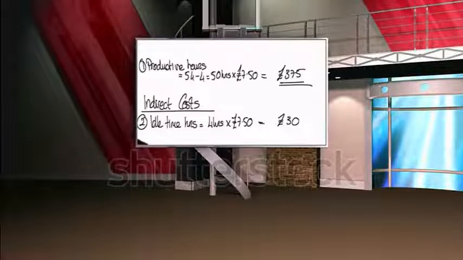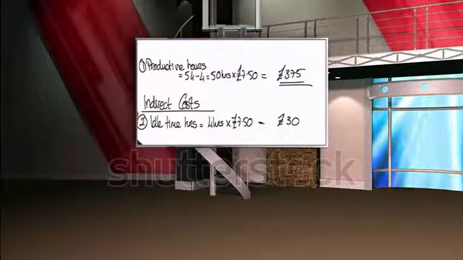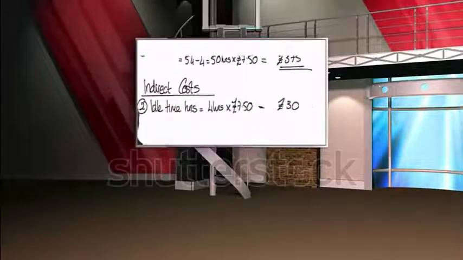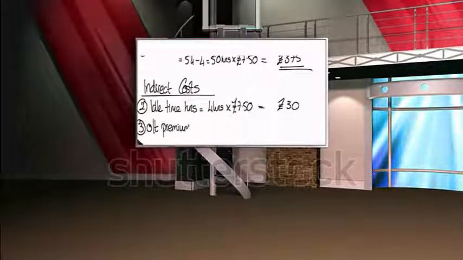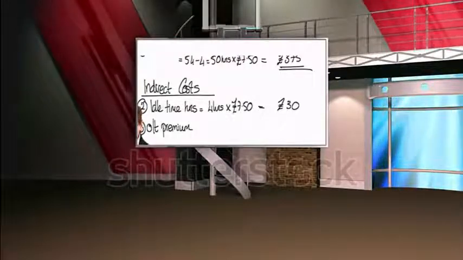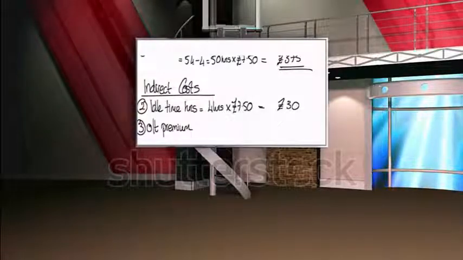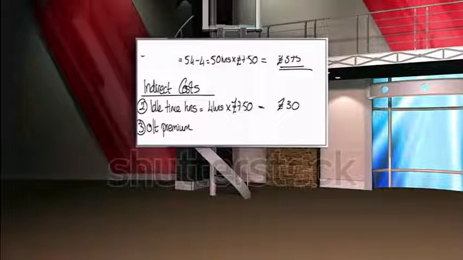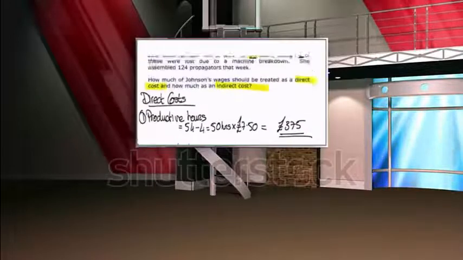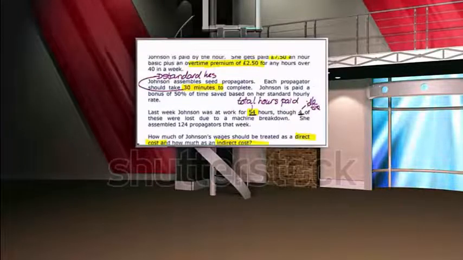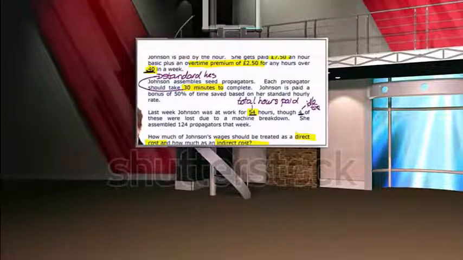Our next consideration in our indirect costs is our overtime premium, not specifically requested. So this will be calculated as our overtime hours multiplied by the premium we paid for each of those hours. So how many hours of overtime has Johnson worked? Let's look back at the question. We're told she gets overtime for any hours worked above 40 hours.